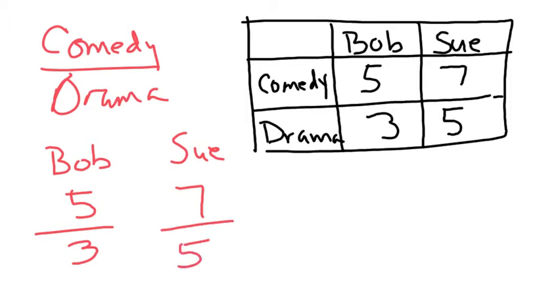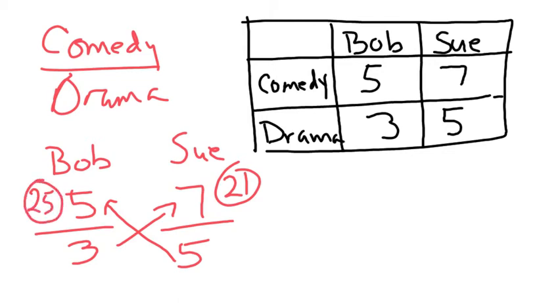Now, how do I tell which one of those is greater? Well, the way to tell which one of those is greater, because they're ratios but they're written as fractions, is to cross multiply up. 3 times 7 is 21. 5 times 5 is 25. Remember, you have to cross multiply up, though, not down. It's got to be cross multiply up.